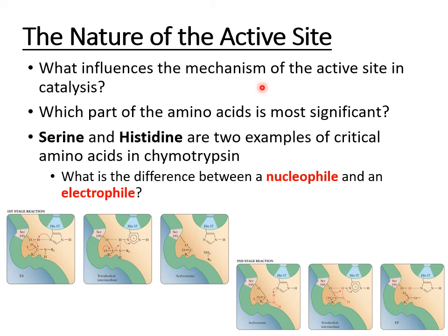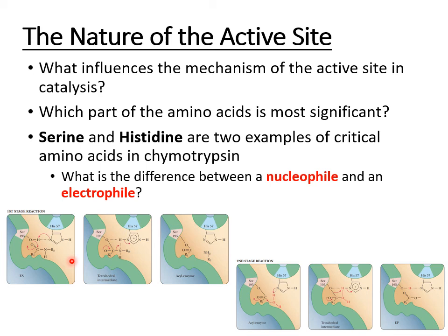For instance, serine and histidine are two examples of critical amino acids in the figures here for chymotrypsin. The fact that they're critical amino acids means that they are at the active site of this enzyme, and they are heavily involved in the abilities at that active site.